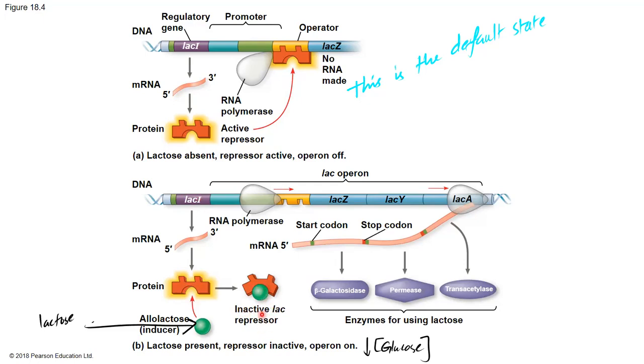And this inactive LAC repressor cannot bind to the operator, so transcription will be turned on from this operon, leading to one mRNA molecule. Okay? And this mRNA molecule can be used to make the three enzymes important for lactose utilization.